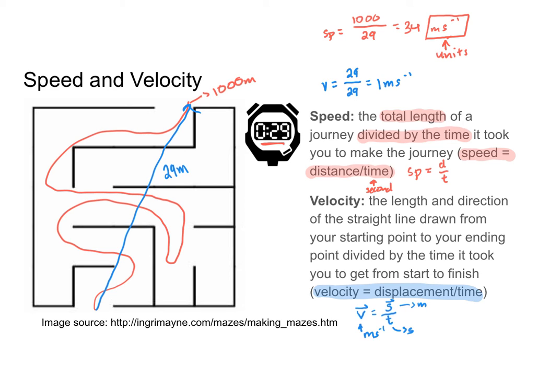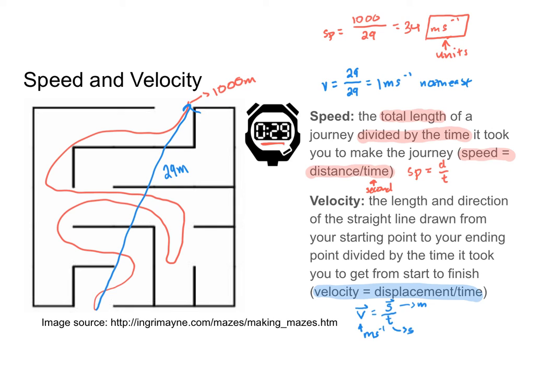And again, we have the same units that we have for speed, but this time I need to include my direction. I'm going to go ahead and call that northeast, since I am traveling in the northeastern direction on a compass. So this is how I can go from distance and displacement to speed and velocity.